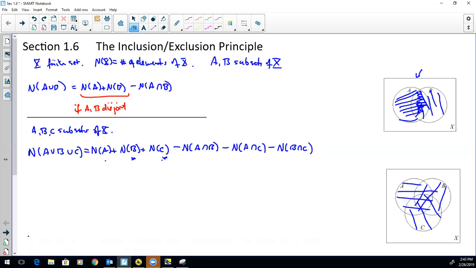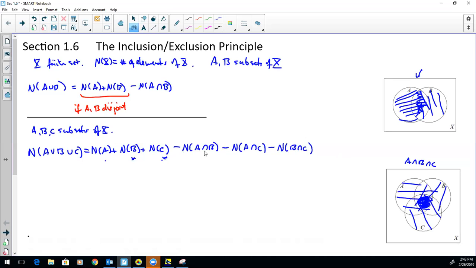But think about this very middle spot down here. This is where everything overlaps. So the intersection of A, B, and C is included in A. So when we counted in A, we've counted it once. When we counted B, we've counted this region twice. We counted C, we've counted the region a third time.